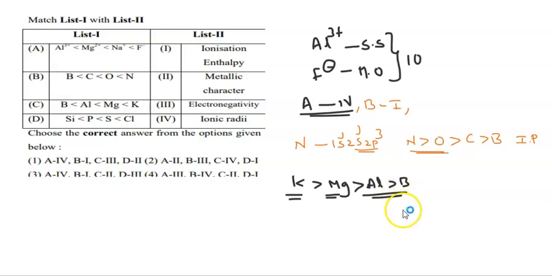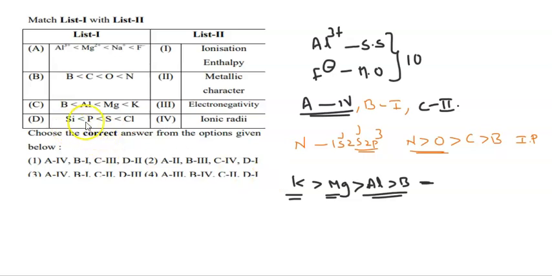For groups from top to bottom, metallic character increases. That's why aluminum is more metallic when compared to boron. So the correct order for this one is 2. So C matched with 2.